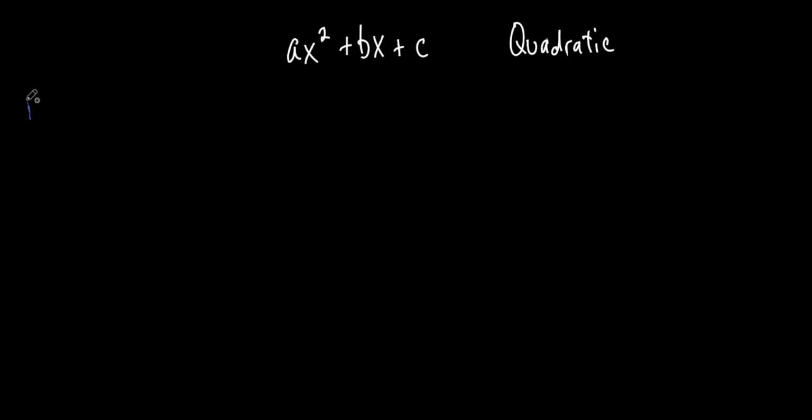So what we're going to do is factor quadratics. This is the most common, easiest, I guess. I don't know if it's the easiest. Nah, I'm not going to say it's the easiest, but it's a very, very common quadratic to solve.